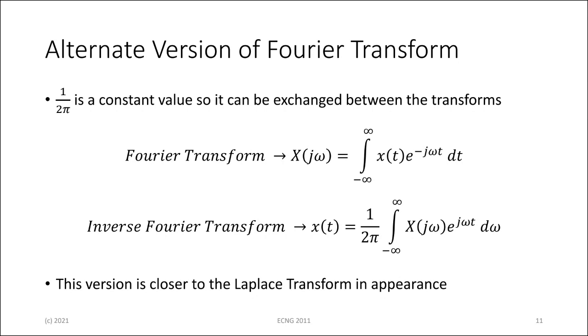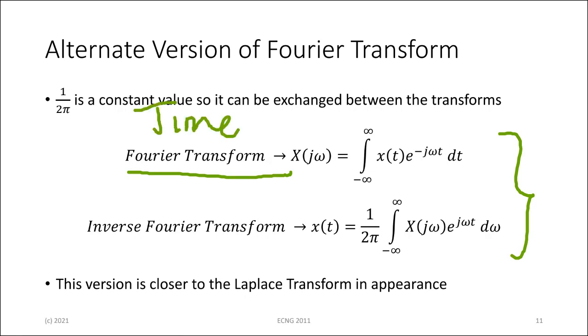The version that we settled on is the one on the screen here, because it looks very close to the Laplace transform in appearance, especially the forward transform, which takes you from the time domain to the frequency domain.